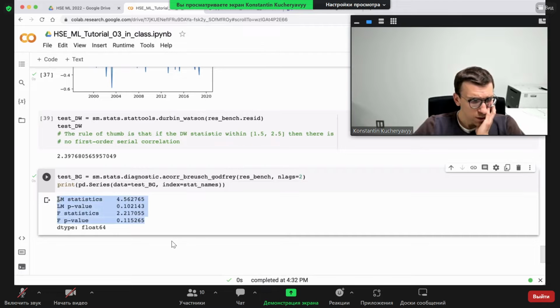So the second order is relatively high, so we reject. Well, we can look at the third order, yes.